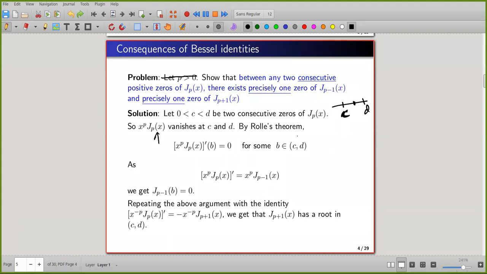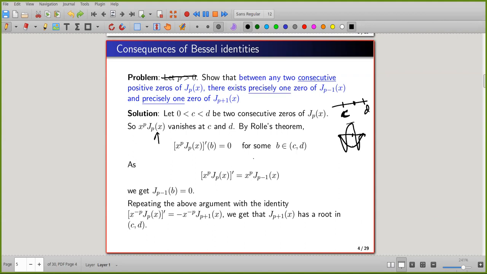And therefore, by Rolle's theorem, if I have a function which vanishes at 2 points, then its derivative vanishes at least at 1 point. Intuitively, the idea is very simple. The graph of the function will look like this, or it'll look like this. But anyway, the point is that at some point the derivative will vanish. So the derivative of x^p J_p(x) vanishes at some point b in (c, d).